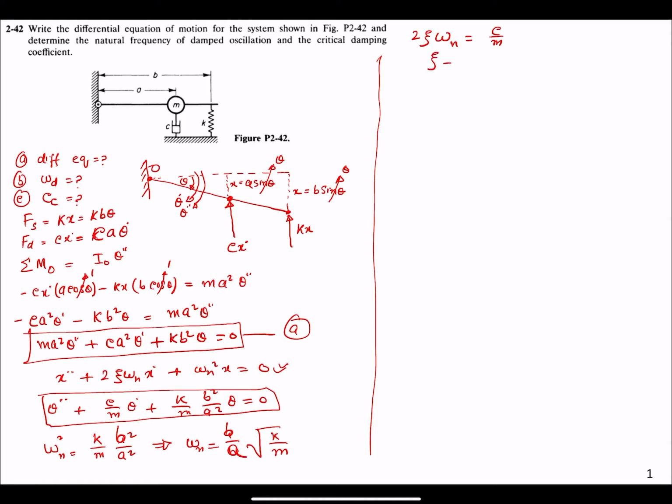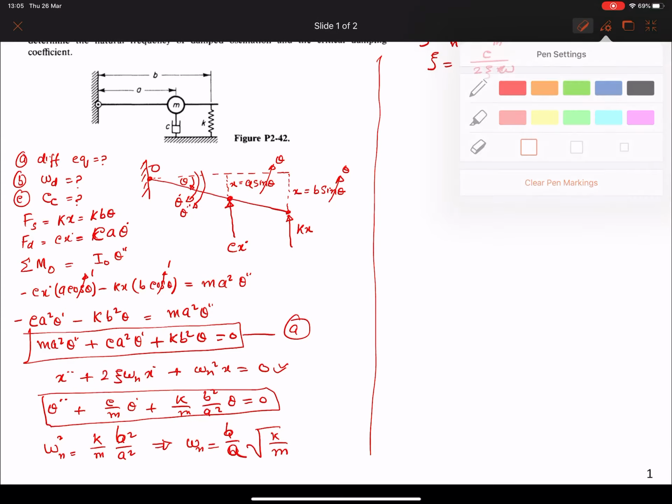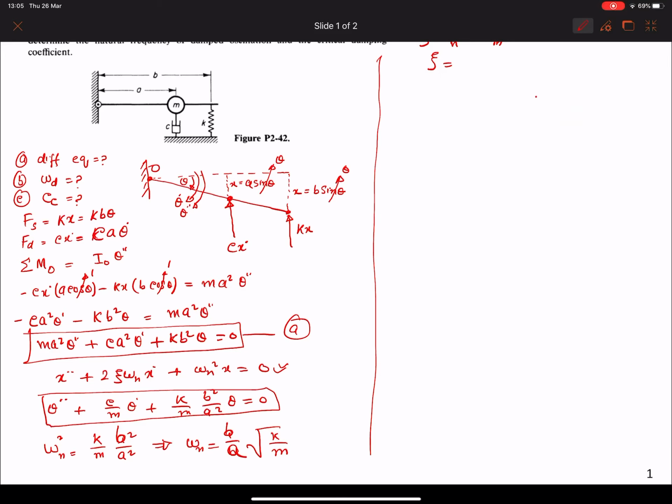From here we can calculate zeta, which becomes c divided by 2m omega n.